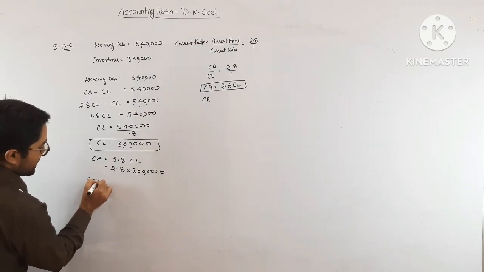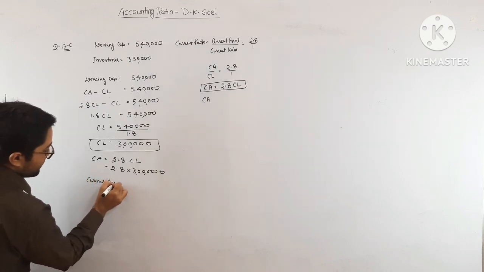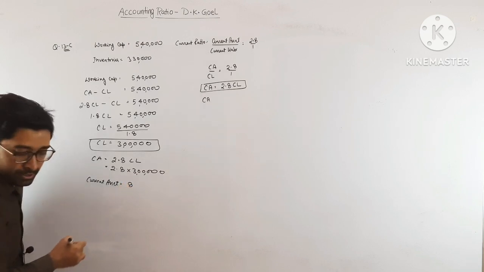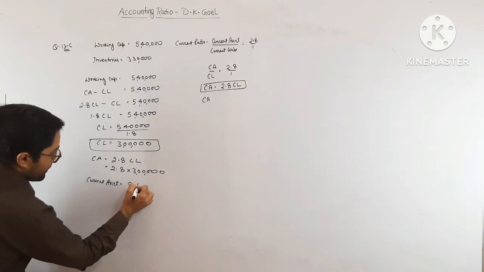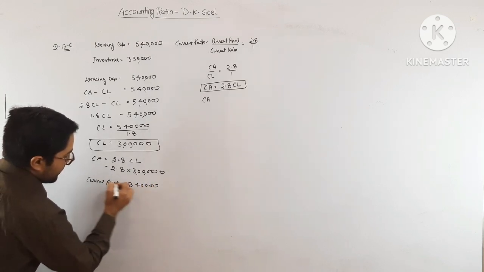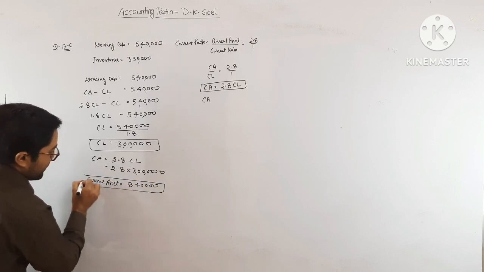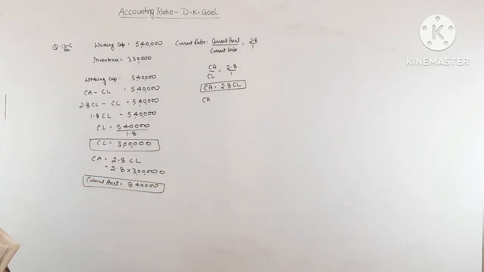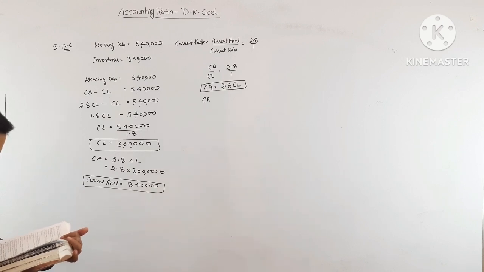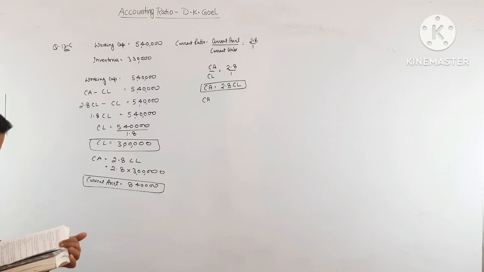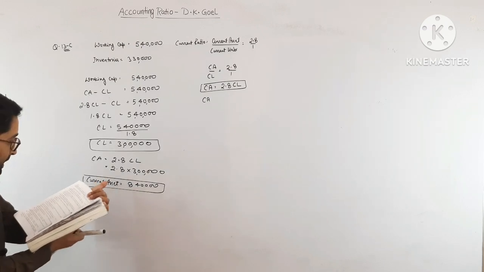So your current asset equals 8,40,000. Clear? In this way you get your current asset and current liability: 8,40,000 and 3 lakh rupees.